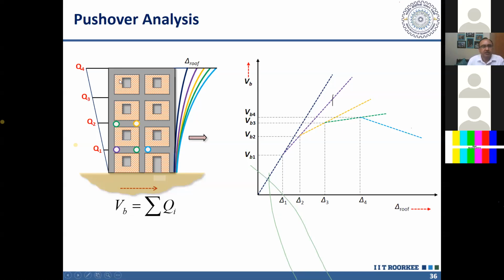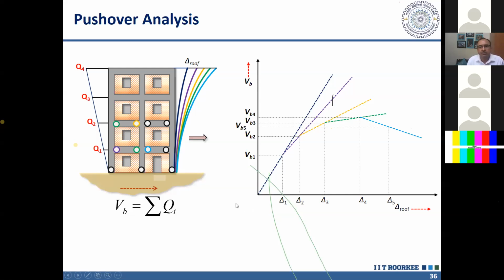Alternatively, there is another possibility. This building was subjected to gravity load. When we started our lateral load analysis, it was already subjected to gravity load, the dead load and live load. So under that, it will be subjected to P delta effects. And due to P delta effects, its stiffness will become negative and it will become unstable and it will collapse.